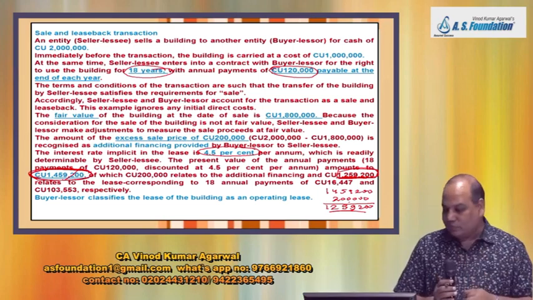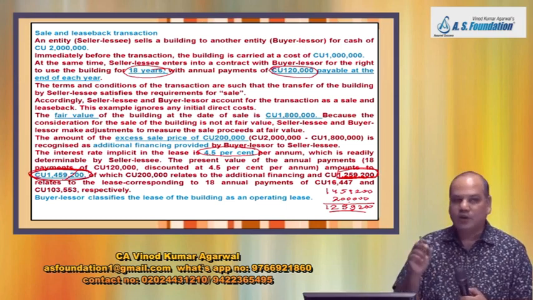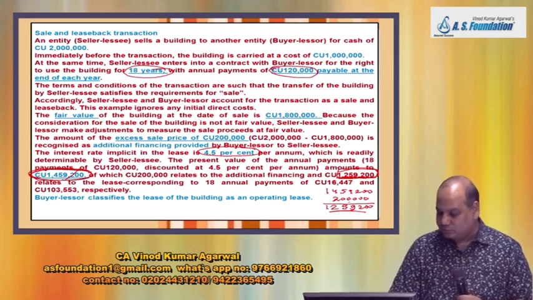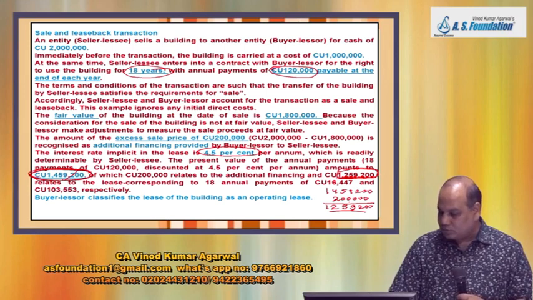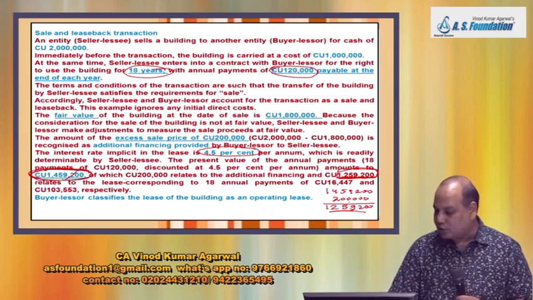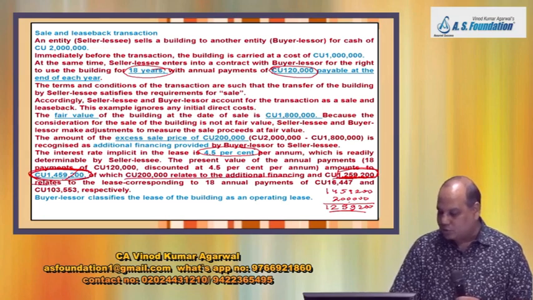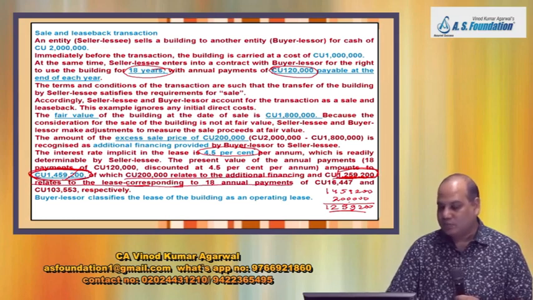Is it right? So what they have done, they have given you two figures. Understand how they have done it. Out of which 2 lakh relates to additional financing and 12,59,200 relates to lease corresponding to annual payment.